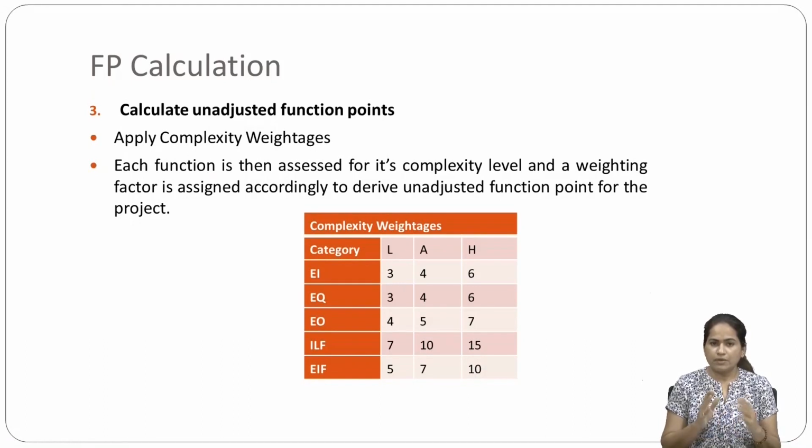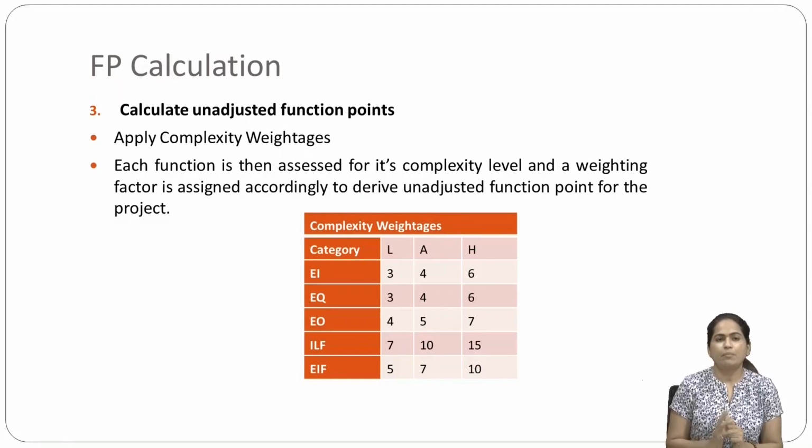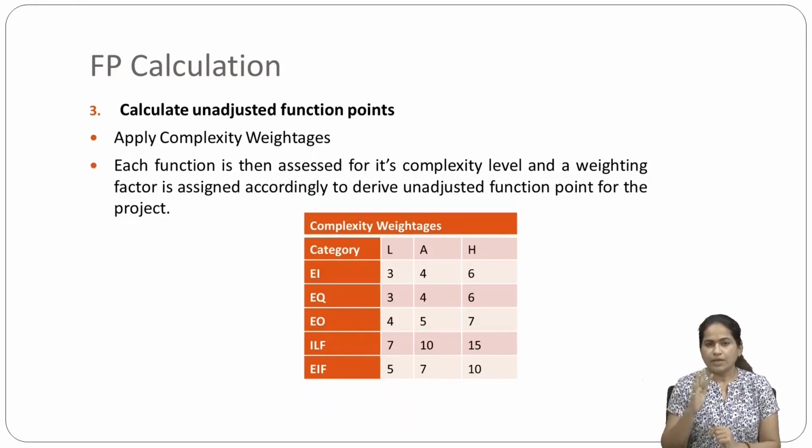When we are trying to find this, we have to apply the complexity weightages based on its category. Each function is then assessed for its complexity level and a weighting factor is assigned according to the derived unadjusted function point for the project.